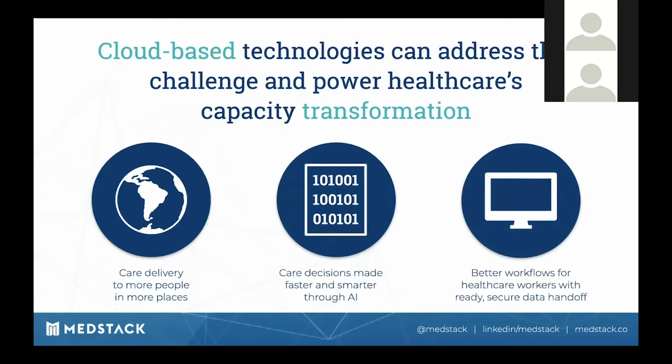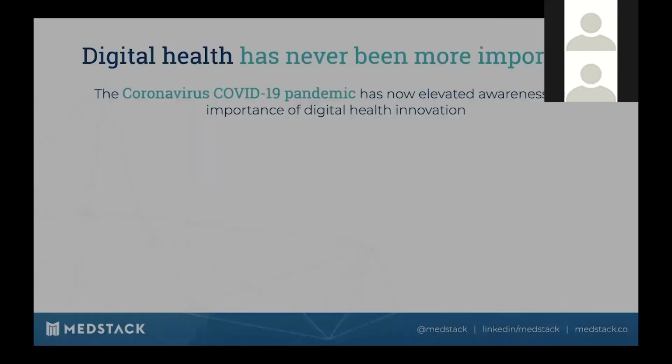And boy, has that ever come to the forefront in what's happened in the last couple of months. So now with efficient digital workflows, we can move towards more modern interactions in a very important environment when there's lots of people involved in care, not just doctors, but therapists and long-term care practitioners and the family members, et cetera. And so this is why there's a view towards cloud technologies in addressing the transformation in healthcare.